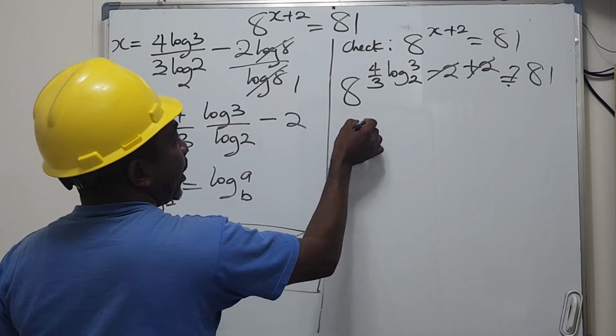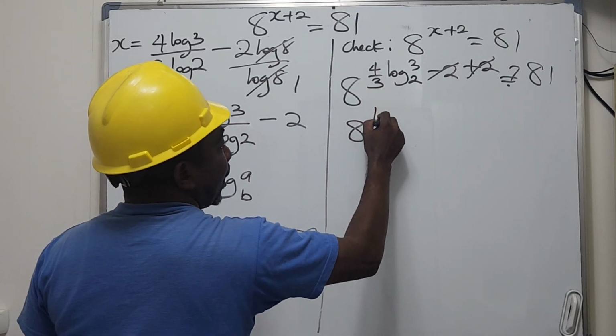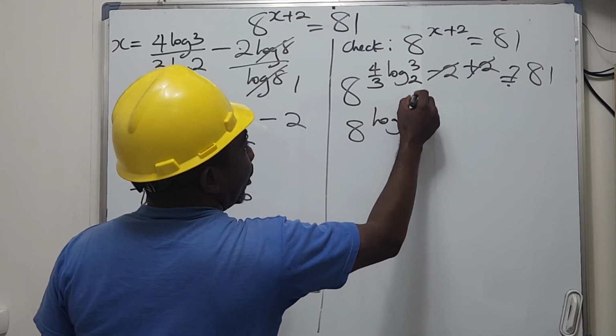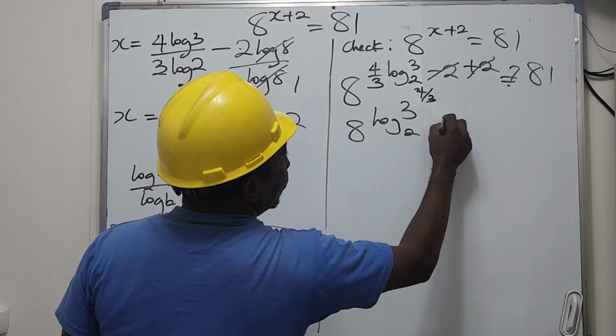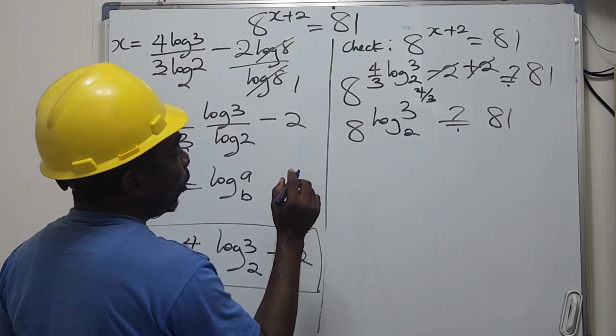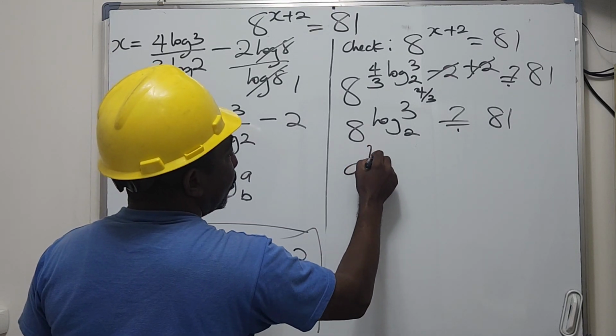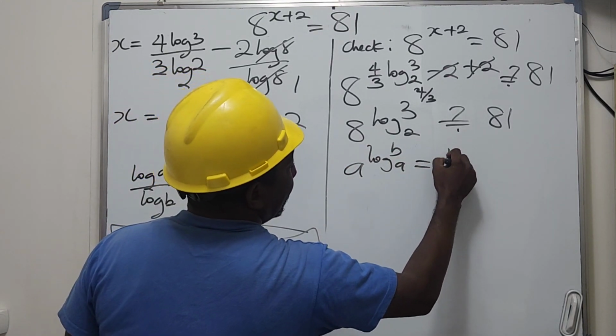So we are now left with 8 to the power of, this can be written as log 3 to the power of 4 upon 3 base 2. Well, this gives us 81. This, we recall that a to the power of log b base a is the same thing as b.